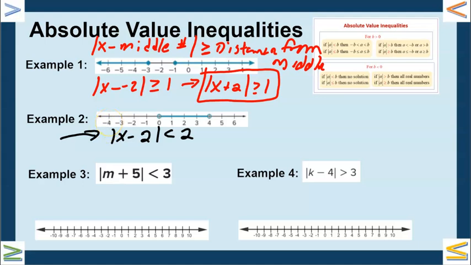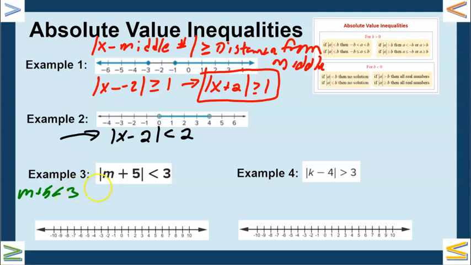Now my last two examples, I'm going to solve and then I'm going to graph them. Now to solve these absolute value inequalities, I'm going to have to make one positive and one negative when I take it out of the absolute value. So now I have m plus 5 is going to be less than 3.